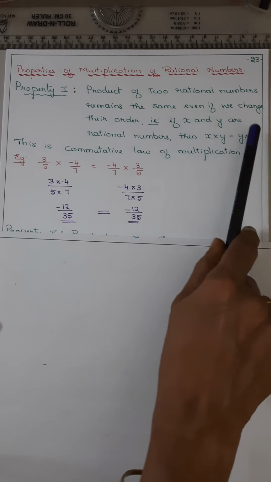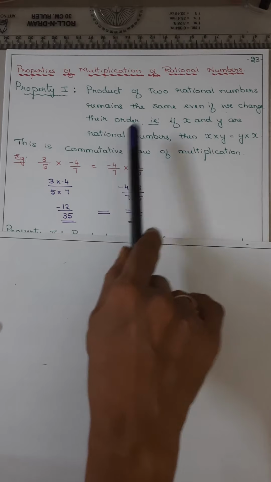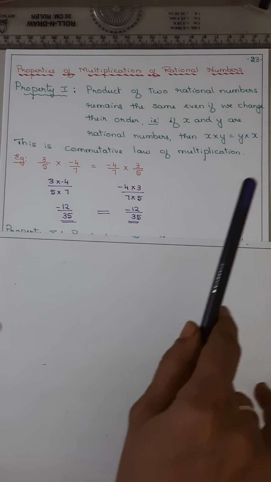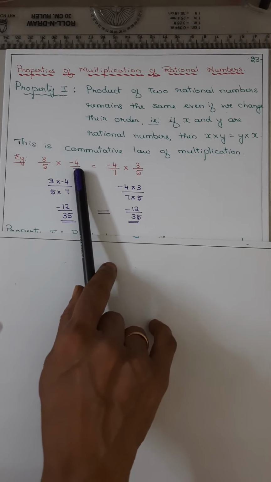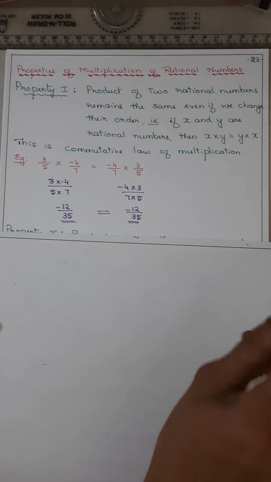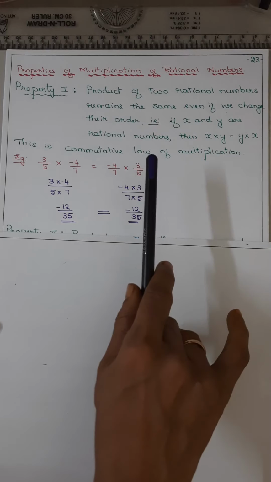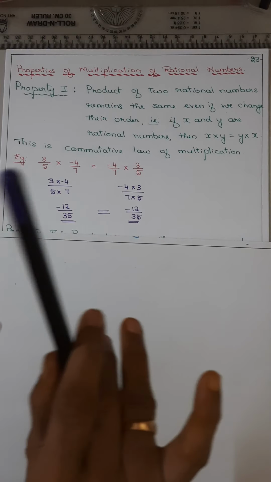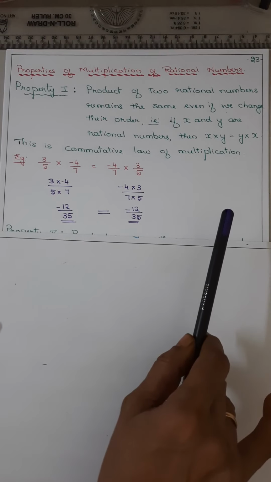That means if x and y are two rational numbers, then x into y is equal to y into x. This is the commutative law of multiplication. It applies for addition also, for multiplication also, but not for subtraction.